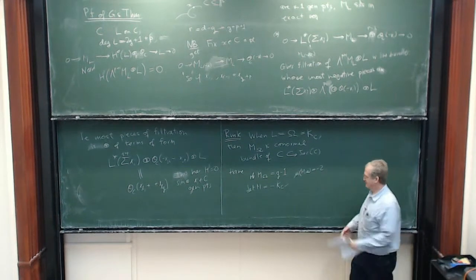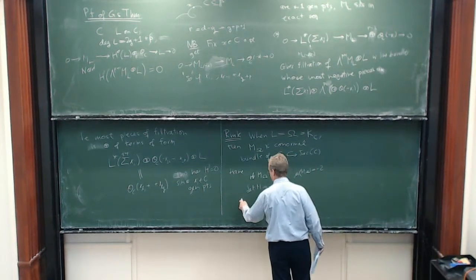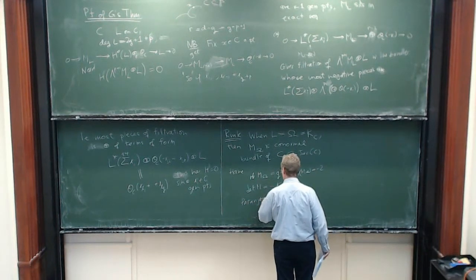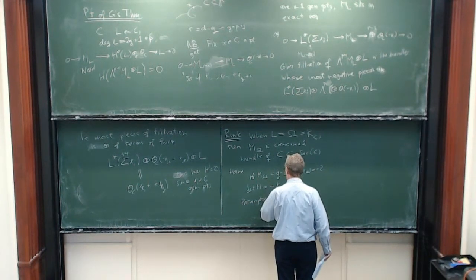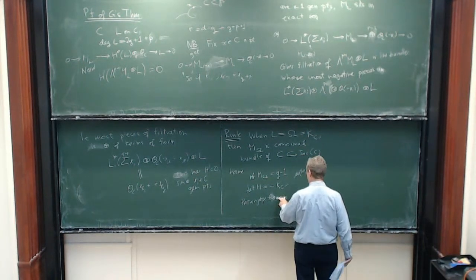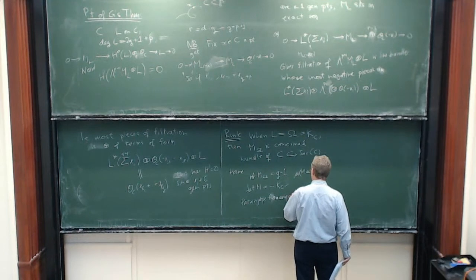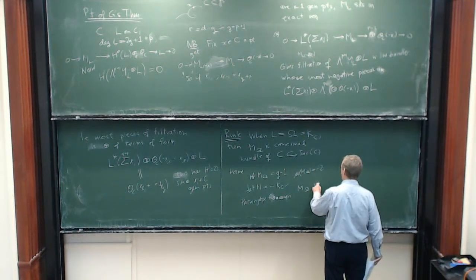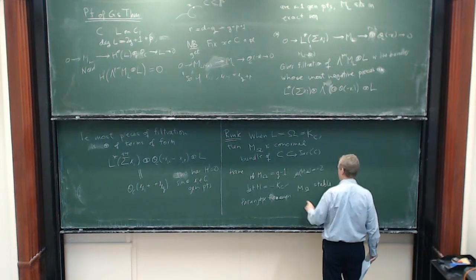People did this, and maybe it was Paranjape and Ramanan who wrote it down first, although people had kind of known it. Anyway, it's easy to see that M_omega is stable as long as the curve is non-hyperelliptic.